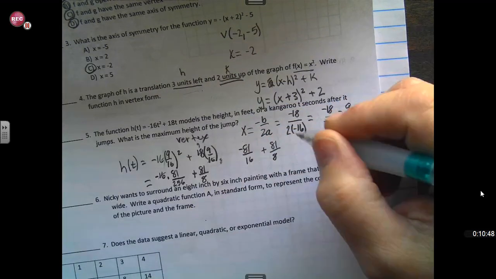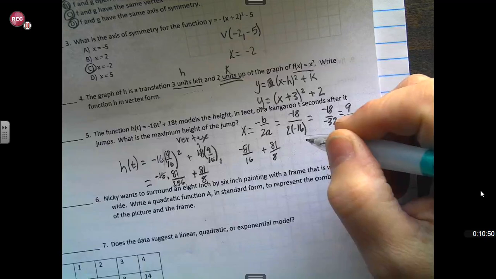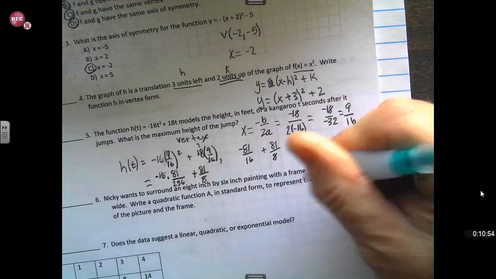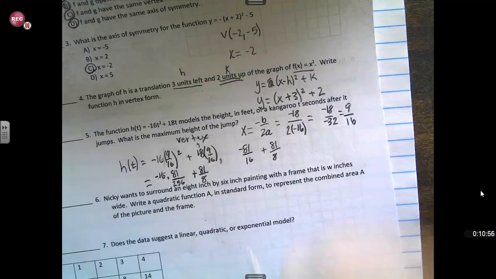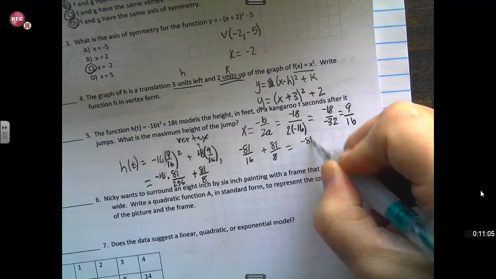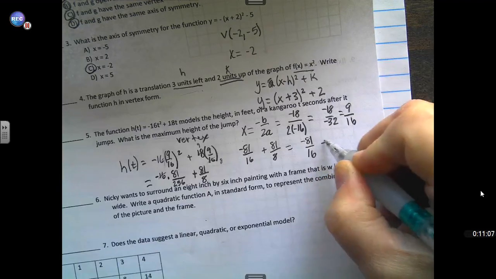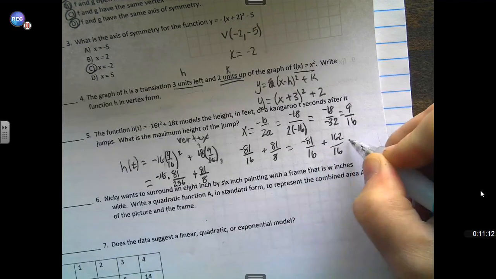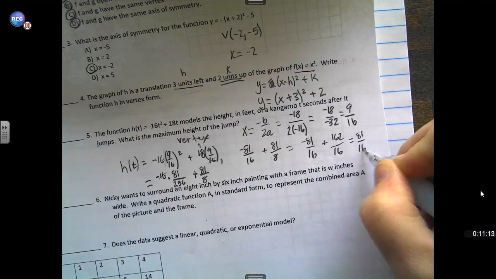I just don't know that I have a mistake. 81 times 2. With a common denominator, this would be negative 81/16 plus 162/16, which is 81/16.